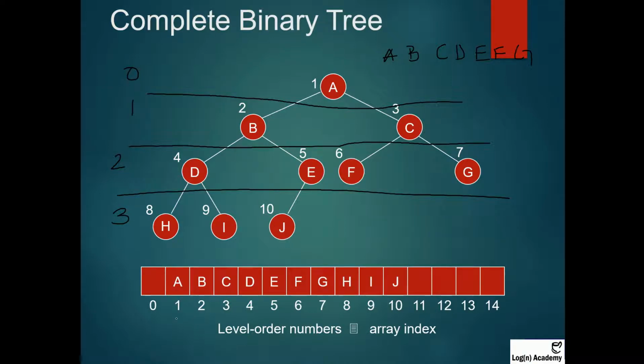The first element is of level 0, then elements B and C are of level 1, and elements D, E, F, G are of level 2, and H, I, J are of level 3, right? This is how we have maintained the level order traversal.